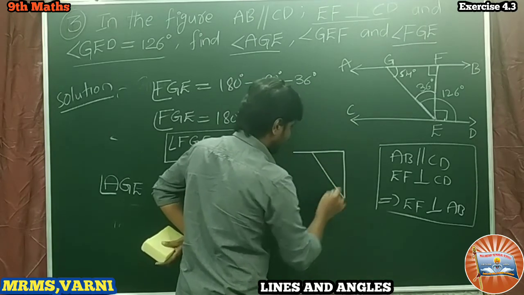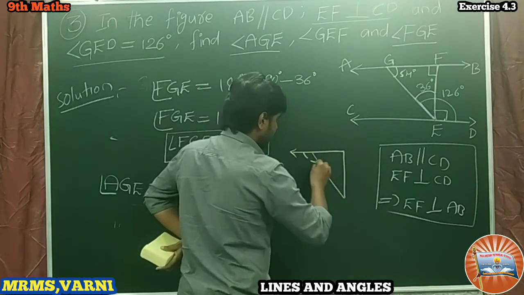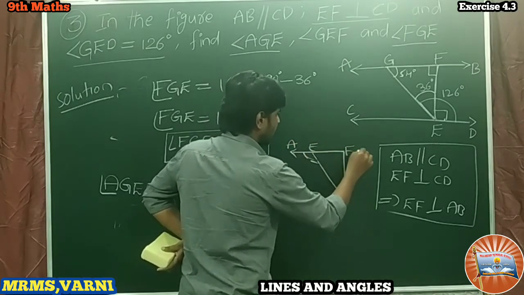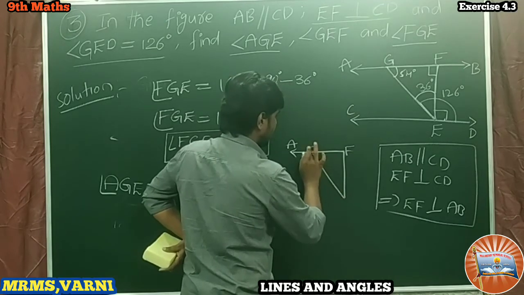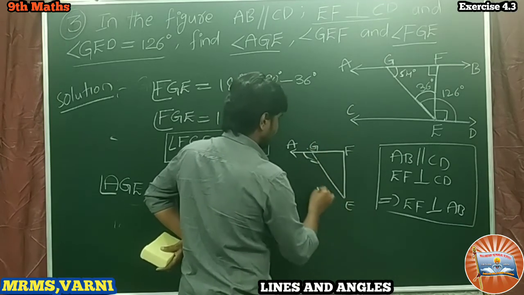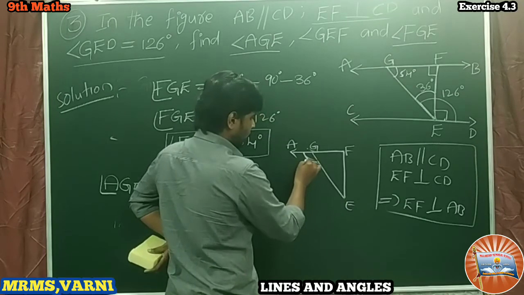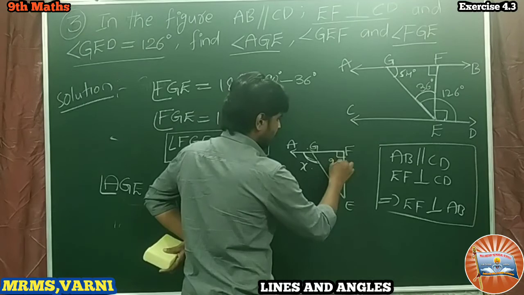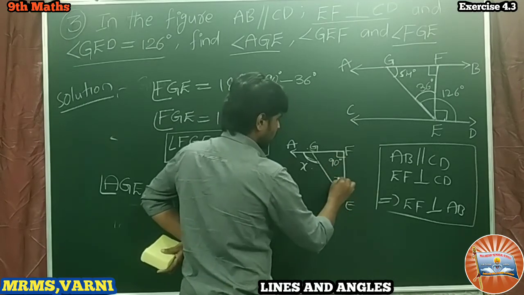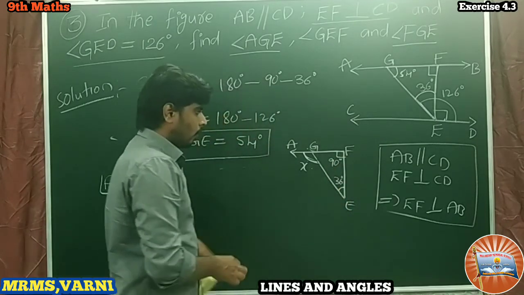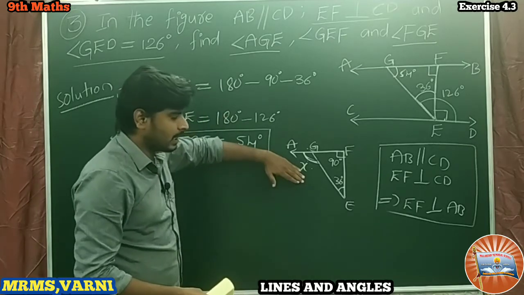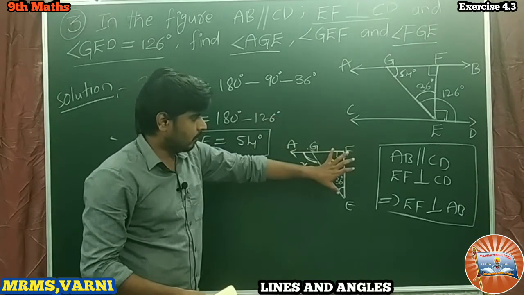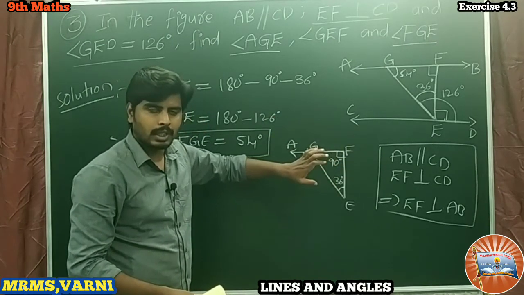The figure will be like this: A, G, E, F. This angle we have to find, consider it X, and this is 90 degrees, and we already have 36 degrees. What about this angle? This is an exterior angle of the GEF triangle.